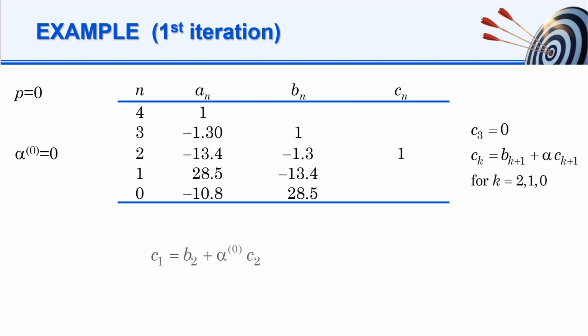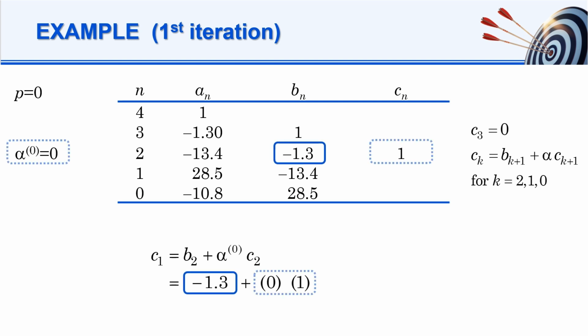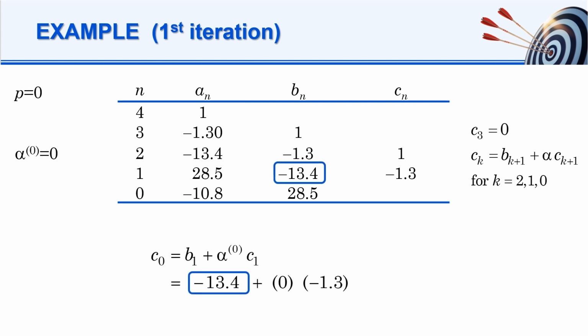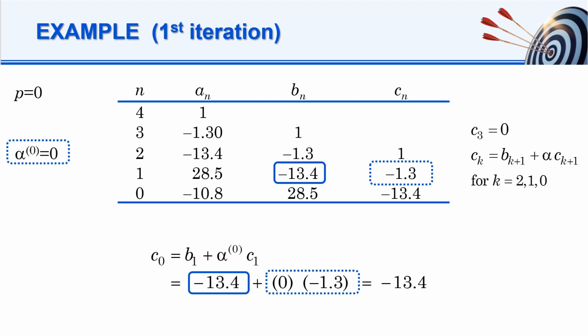For k equals 1, the recurrence relation becomes the following, substituting the numerical values for b2, c2, and alpha 0. c1 is found as minus 1.3. For k equals 0, we have the following relation. Substituting the numerical values for b1, c1, and alpha 0, c0 is found as minus 13.4.